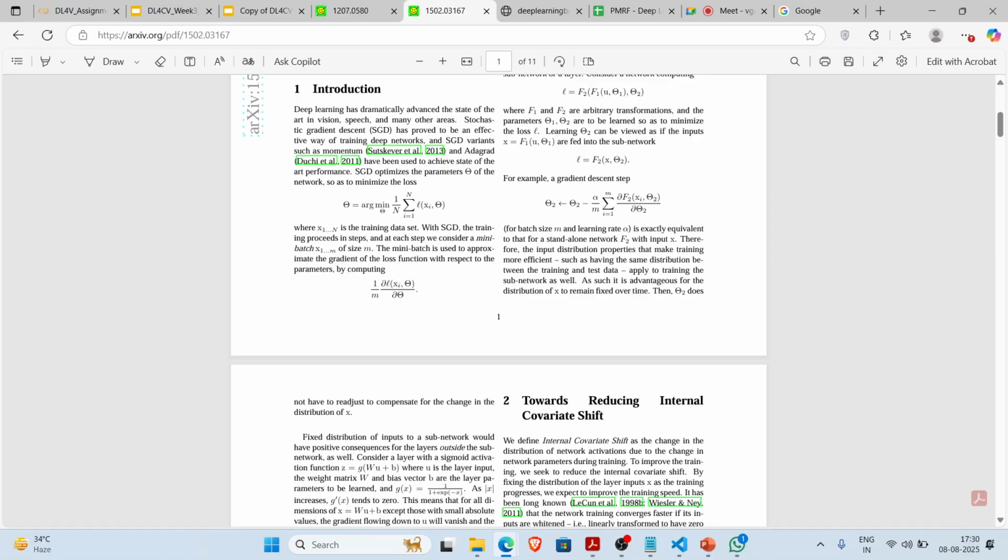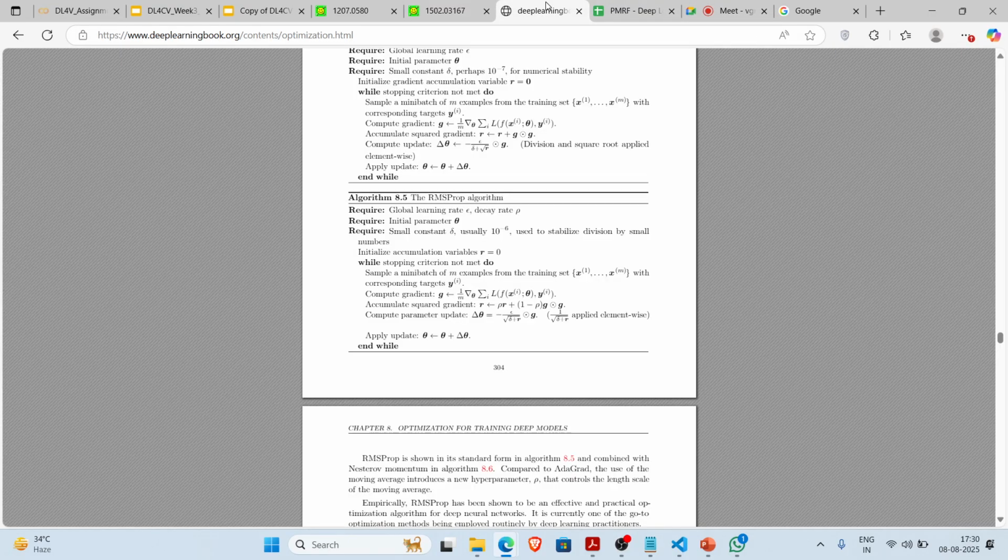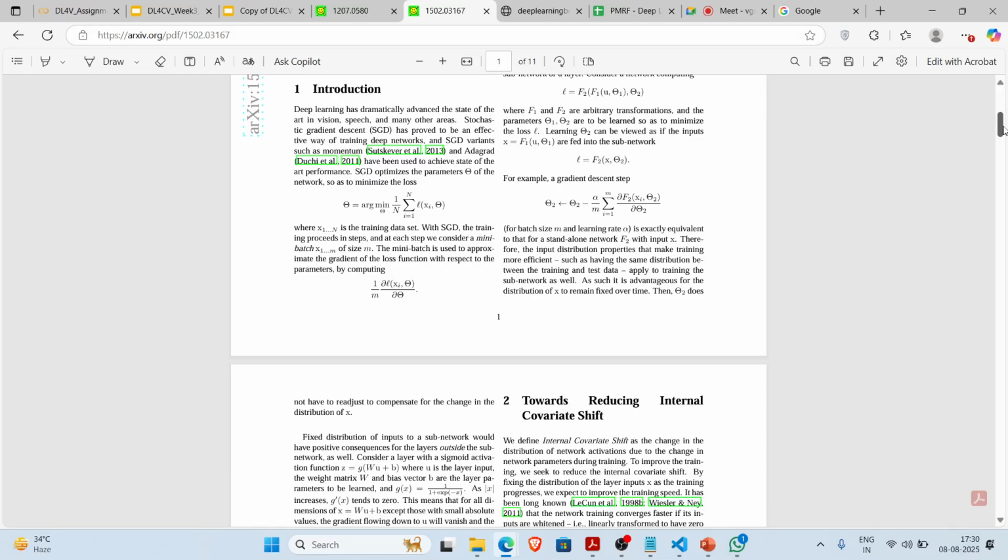As you increase the number of layers, accuracy goes down. The situation was not overfitting or something like that; it was something else. Even during training time, it wasn't able to learn, the accuracy was low. To understand this phenomenon, this paper was written, and they devised batch normalization as one solution to address this problem.